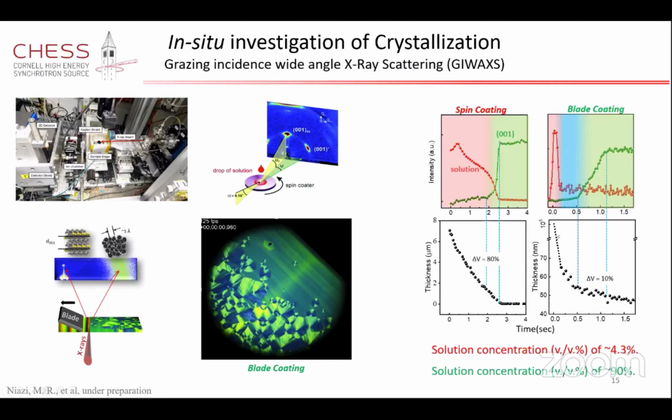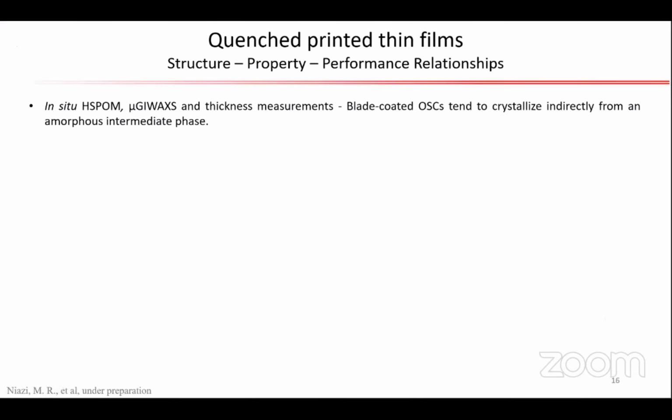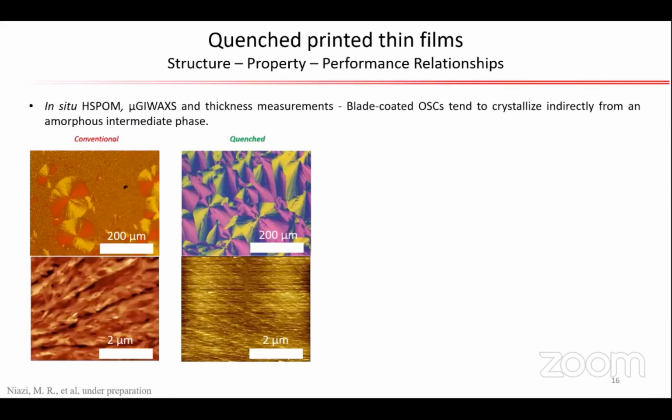A combination of all these three, high-speed polarized optical microscopy, the grazing incidence wide-angle X-ray scattering experiments, and thickness experiments, basically pointed out that small molecule organic semiconductors can be crystallized through an amorphous, dense intermediate phase, which we name here as a quench phase.